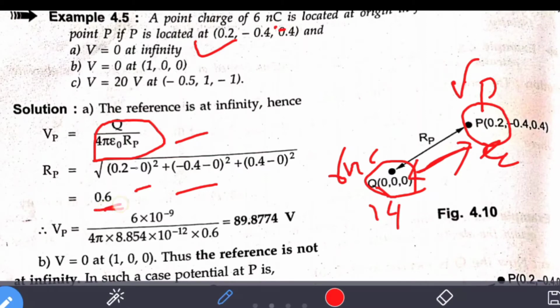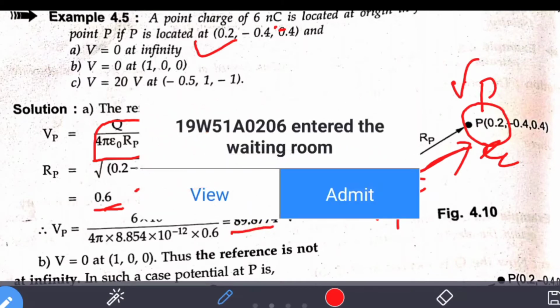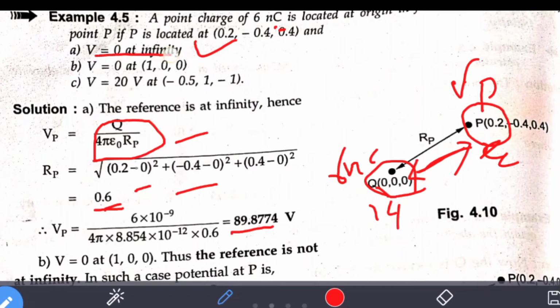Epsilon naught is 8.854 into 10 power minus 12, the permittivity of free space, also known as absolute permittivity, and 0.6 is the distance we obtained. That is 89.874 volts, the absolute potential with V equal to 0 at infinity. That is the A bit answer. Now we go for B.